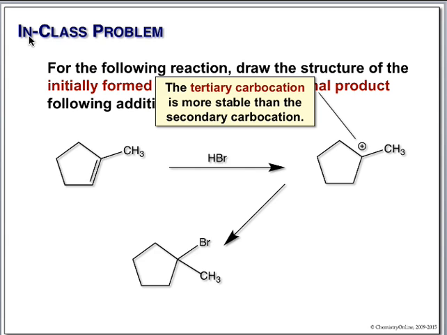Remember that because this is a carbocation intermediate, if we formed a carbocation somewhere out here, it would rearrange until we finally got to the most stable carbocation that the molecule could form. Any questions?